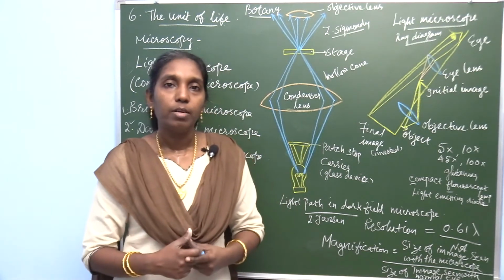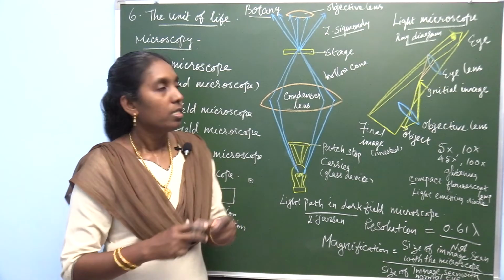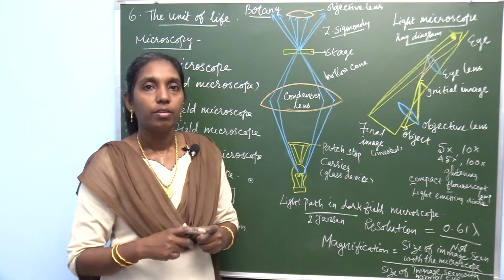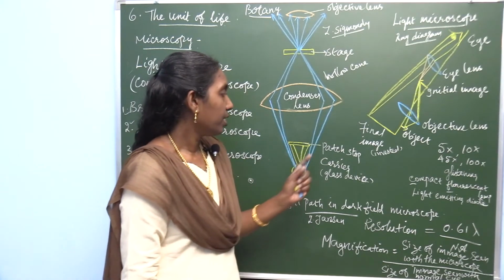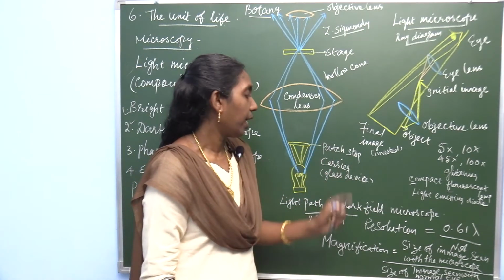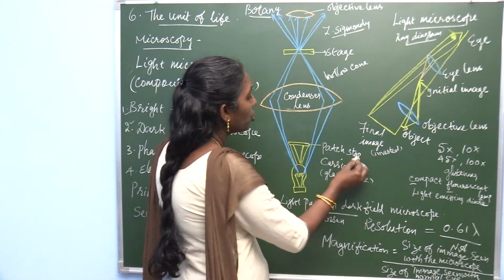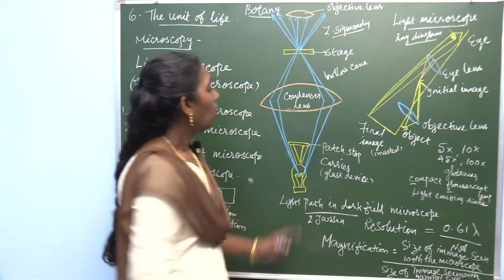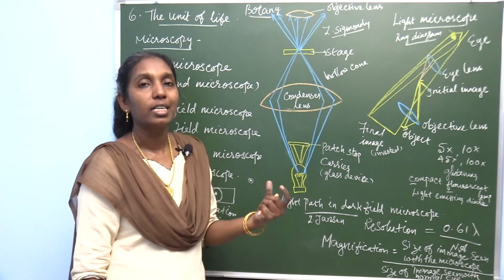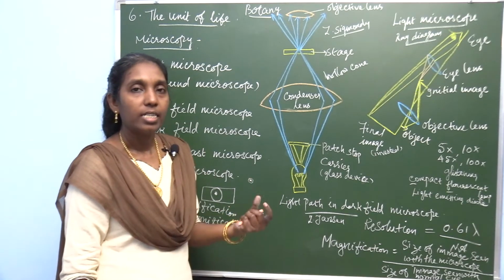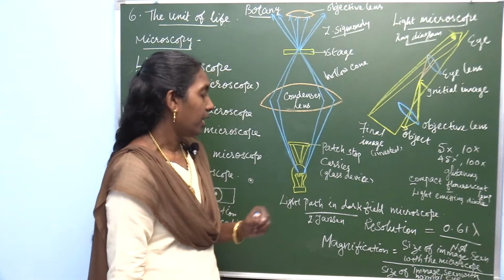In the dark field microscope, the normal lenses contain a special type of device, that is called the patch stop carrier. Here the important point is the patch stop carrier, which is nothing but a glass device.